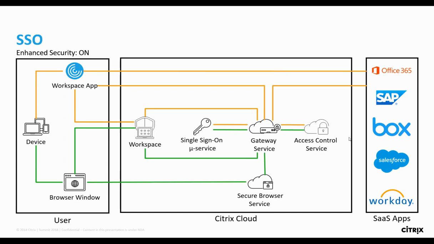The browser service then contacts the SaaS app, provides our assertion identifying who we are, and the SaaS app goes back and validates that with the gateway service. So a little bit more to it when we turn on enhanced security. We're introducing the embedded browser, the access control service and some of the policies, and a secure browser service just by turning on the enhanced security capability.